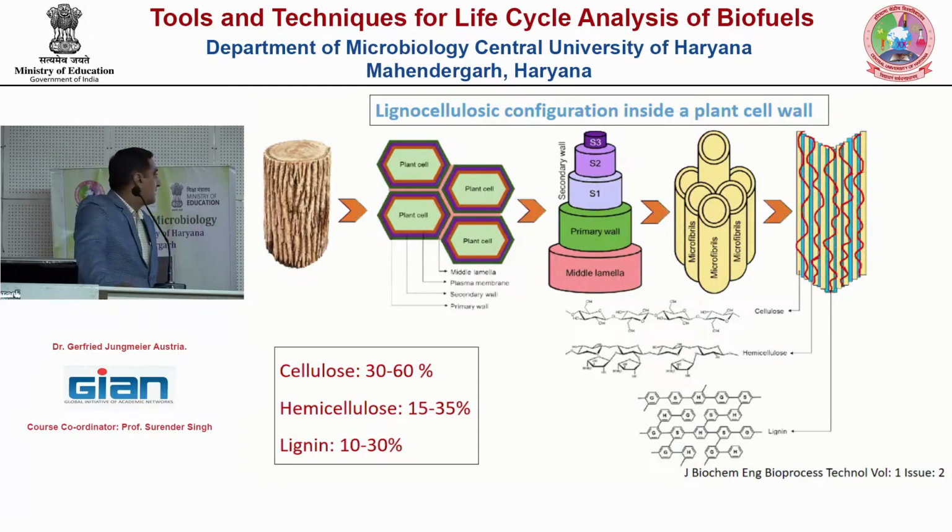Cellulose composition in the cell wall is around 30 to 60%, and it varies from source to source. Next is hemicellulose, which contains around 15 to 35%, followed by lignin and then pectin.